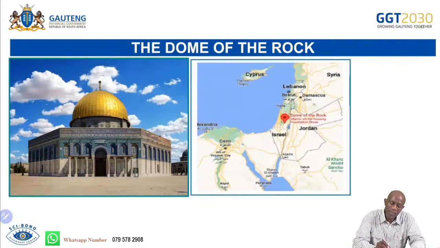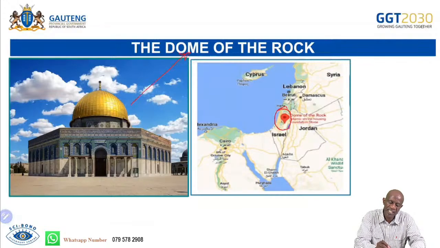So here is the picture of the Dome of the Rock, and here is the position on the map. So you are given the picture of the icon and the location on the map. And please identify with the picture. Make sure that whenever you see this picture, you associate it with this world icon.